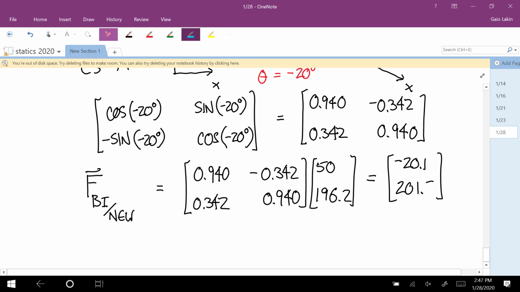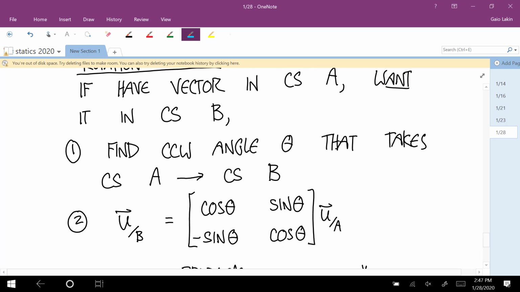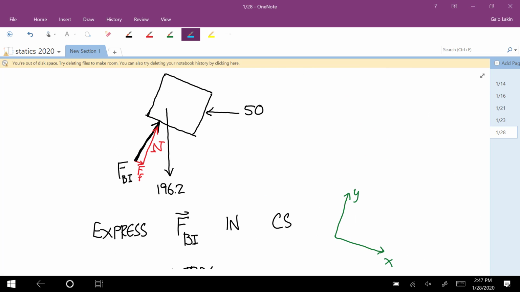So that says that I drew that friction force backwards, because it turns out it's actually going in the negative UX direction. But the Y component of that vector we got is that normal force, and the X component is that friction force.